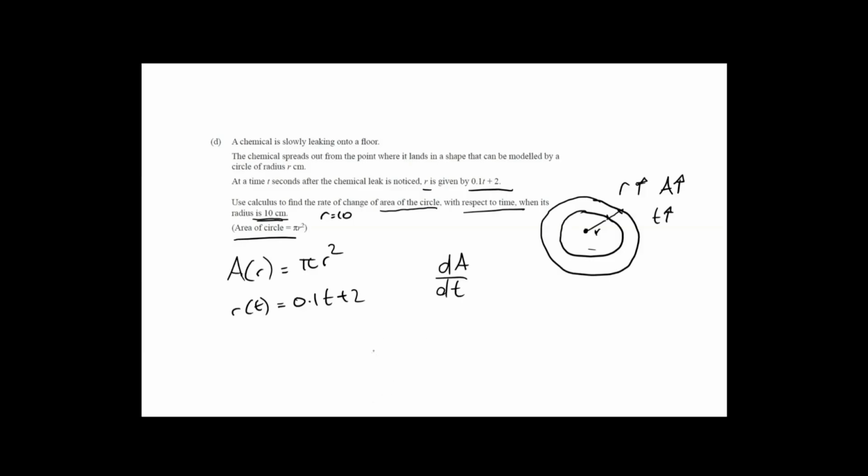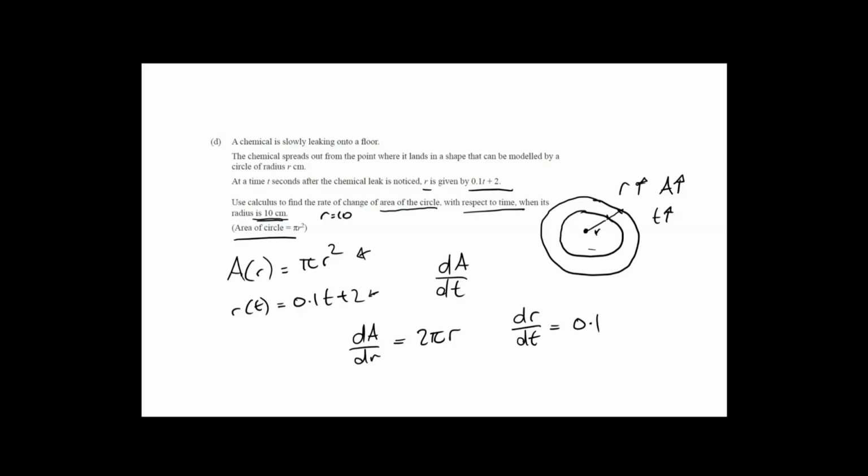How are we going to do that? Well, we have A in terms of r and we have r in terms of t. So dA over dr is going to be 2 pi r. It's just this one differentiated with respect to r. And when we differentiate r with respect to time, we get 0.1.